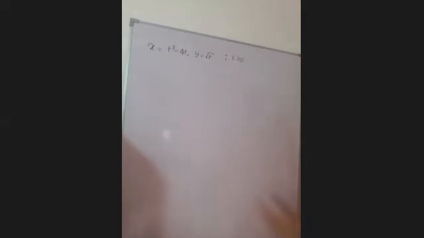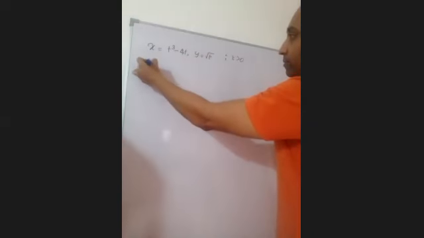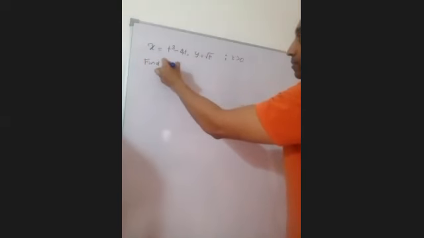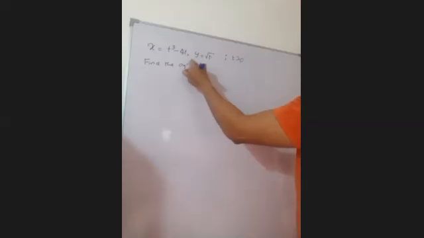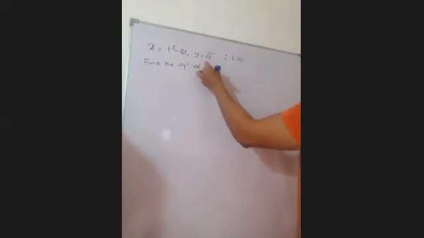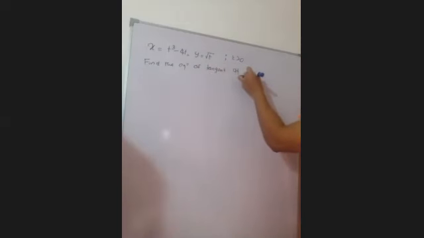What they ask is to find the equation of the tangent at x equals 0. Let's see how to do this kind of question. Right. What you need to do is like this. Initially, we need to find the equation of a tangent. We need to find the gradient.